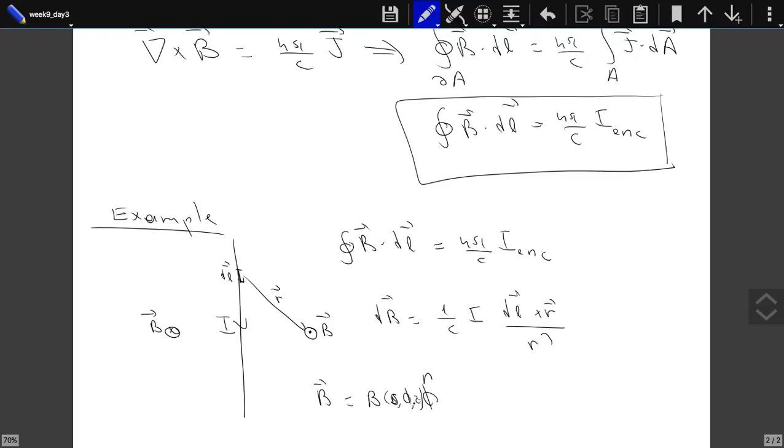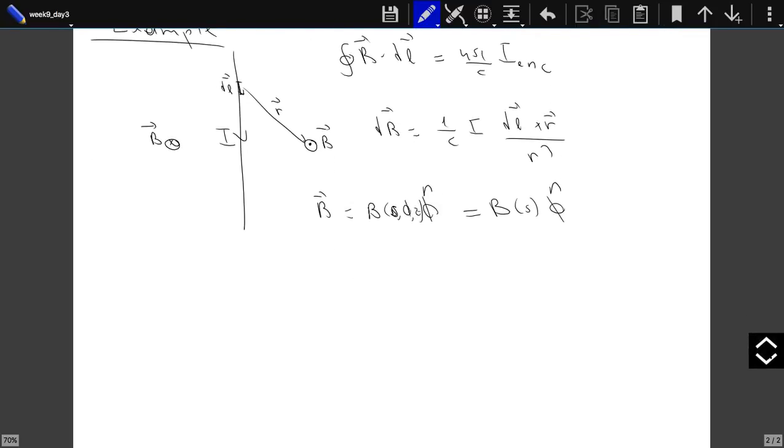But it cannot depend on phi because we have this rotational symmetry. It also cannot depend on z because we have translational symmetry along the wire. Nothing should change if we translate our system along the z direction. So the amplitude depends only on s. This should be the form of the magnetic induction at an arbitrary point.